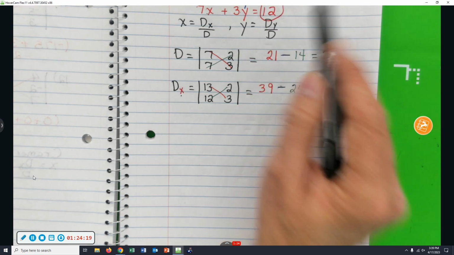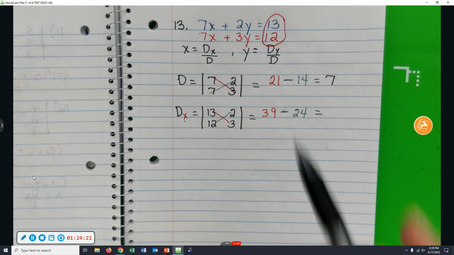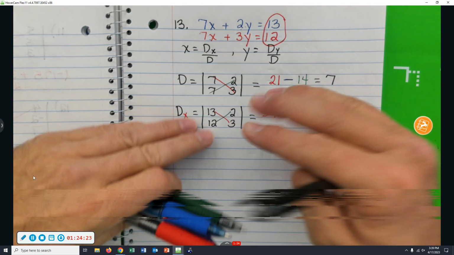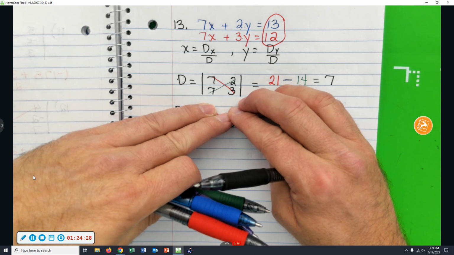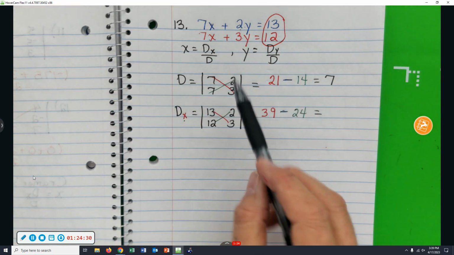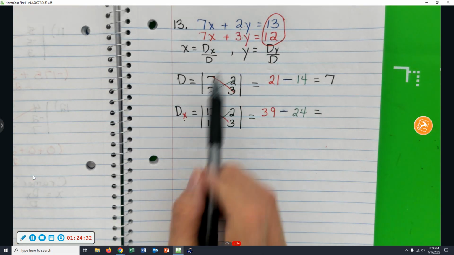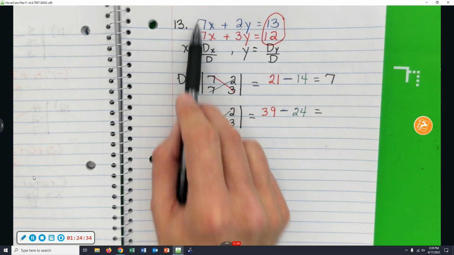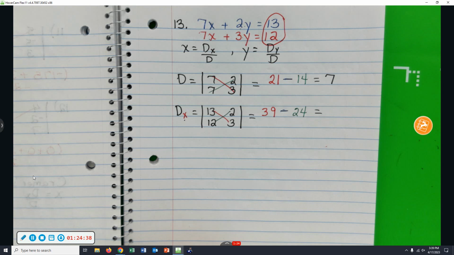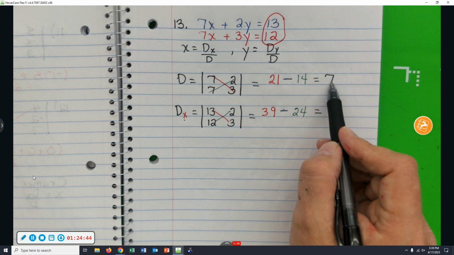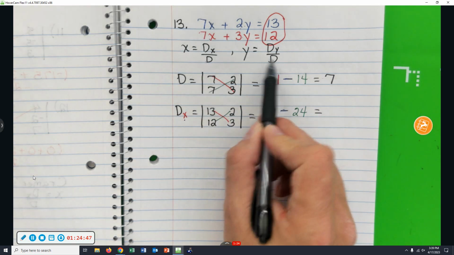See, we haven't used the 13 and 12 yet. When you find D, you don't use the constants. It's just the coefficients. The 2, 3 comes from the Y. You're replacing the X with 13, 12, and doing the crisscross. I'm finding D. I found D.